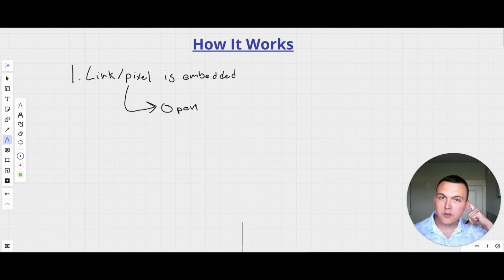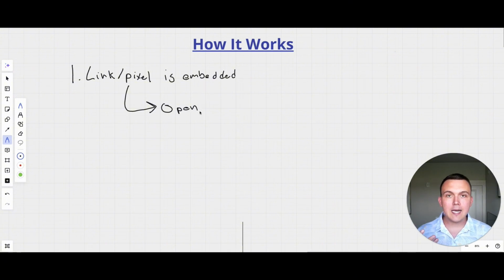Whenever you open up an email, it's essentially downloading the contents of that email. So whenever this link or this pixel is opened in the email, it quote unquote downloads it, right? So it shows as an open because there was an action that was taken on the link or pixel, right? So hypothetically, once the email is opened, then it shows as an actual open.